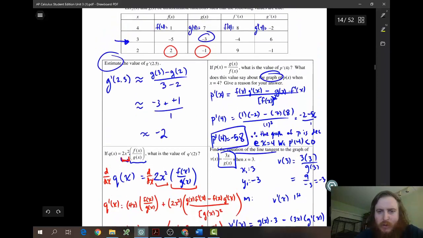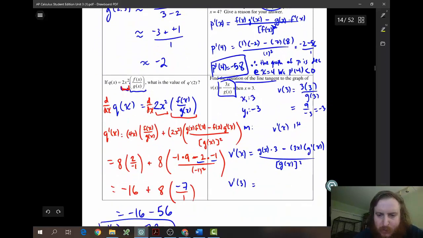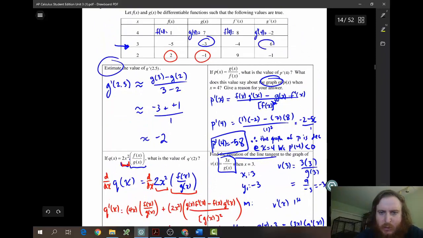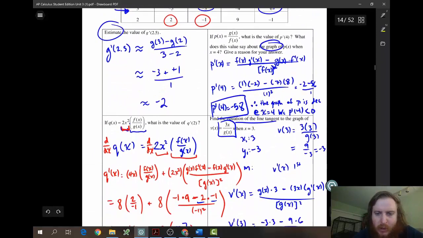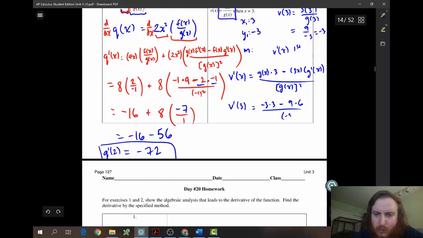Right, so at 3, g of 3, we said was negative 3, times 3, minus, now 3x would be 3 times 3, so minus 9. And g prime of 3 is 6. So minus 9 times 6 over, and then g of x again was, I believe, negative 3. Yeah, negative 3 squared. So this gives us negative 9 minus 54 divided by 9, which is negative 63 over 9, which is negative 7.